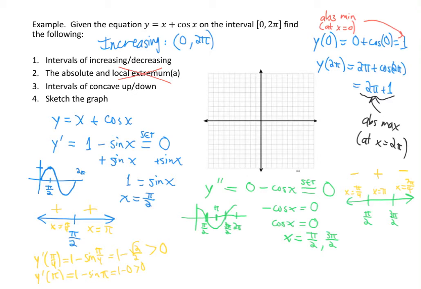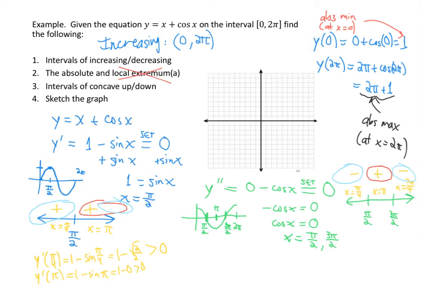What we have is a situation where the function is increasing to the left of pi over 2 and concave down. Then we have still increasing but concave up, and then changing to concave down later. So changing to concave down sometime after that.